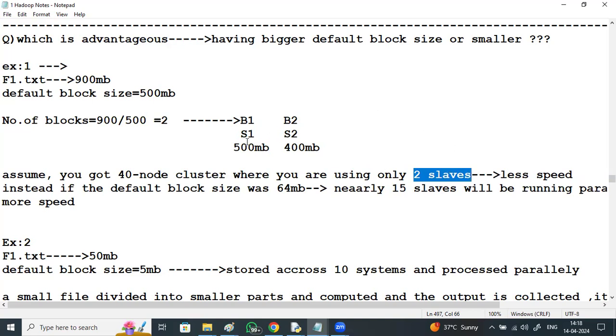So only two slaves or two systems are running in parallel, and we get lesser speed. But if you engage all the remaining slaves, then you can achieve more speed. If you have kept the block size at 100 MB, it should have been distributed across nine systems.